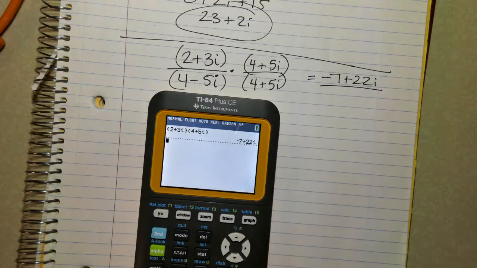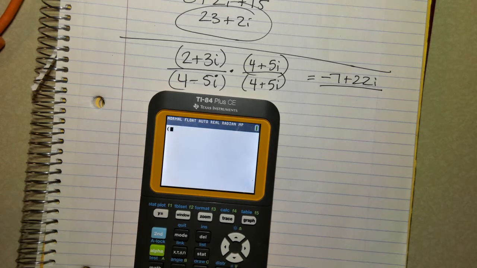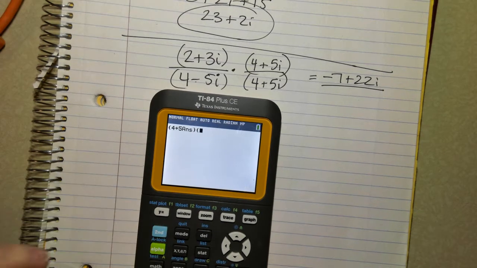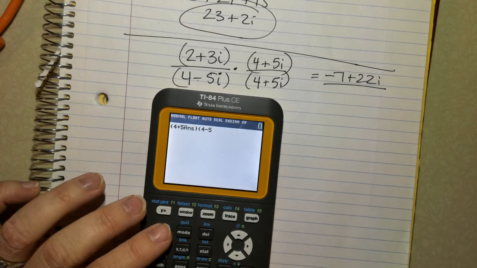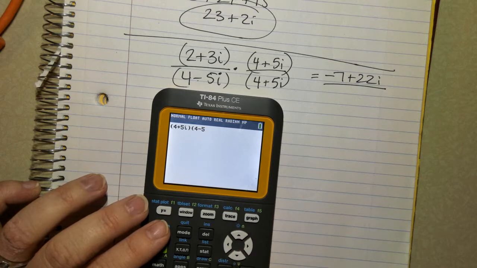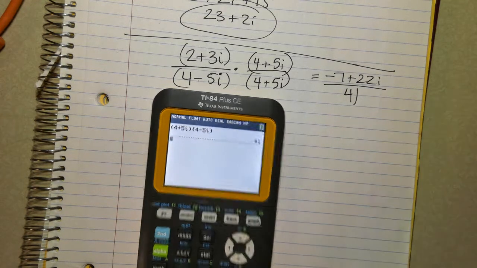Please multiply the two parentheses in the denominator. How many of you come up with an answer of 41?